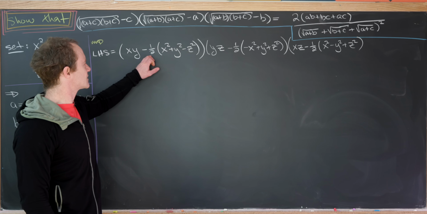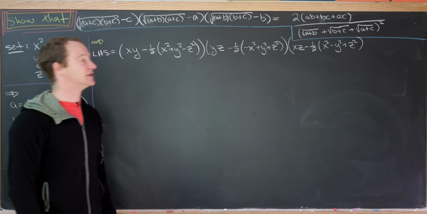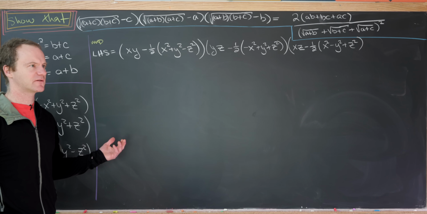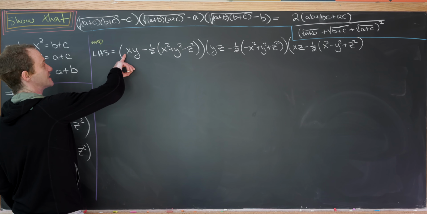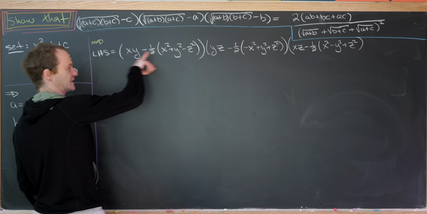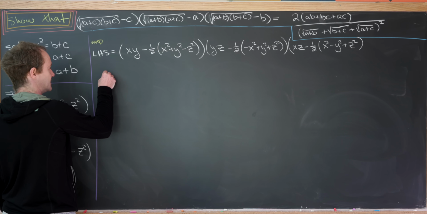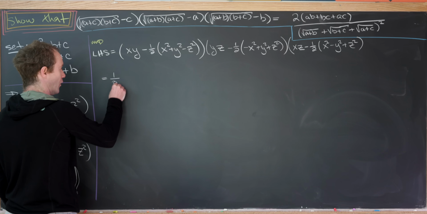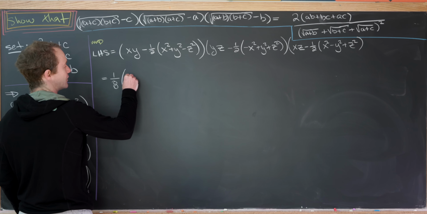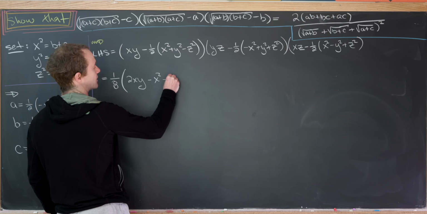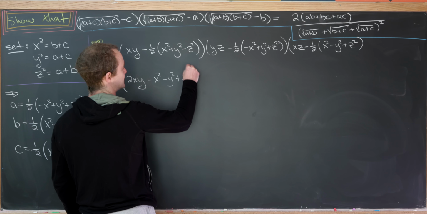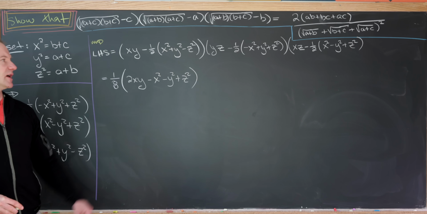So now I'm going to factor 1/2 out of each of these terms, but that'll be like factoring a 1/8 out of the whole thing. And that'll also deposit a coefficient of 2 here for xy, yz, and xz. So here I have 1/8, and then I'll be left with 2xy minus x squared minus y squared plus z squared after multiplying some things out.